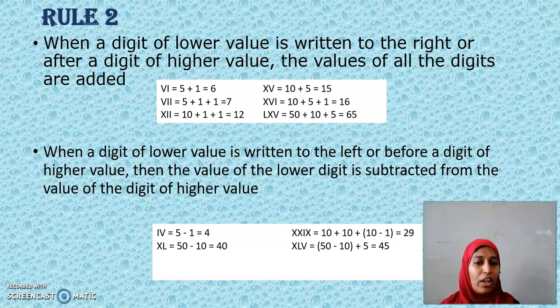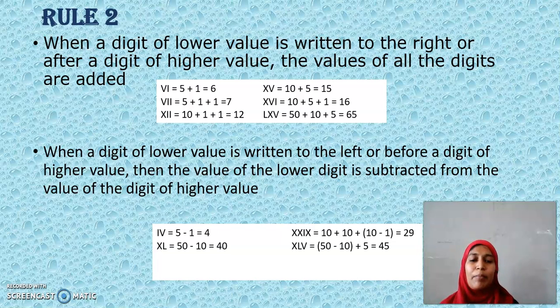This 1 is a lower value symbol and it is placed left to a higher value symbol. So I have to subtract now. I should not add 1 and 10 and say 11. It's wrong. When it is placed left to that higher value symbol, it should be subtracted. So I get 10 minus 1 as 9. Ultimately, the answer will be 29.